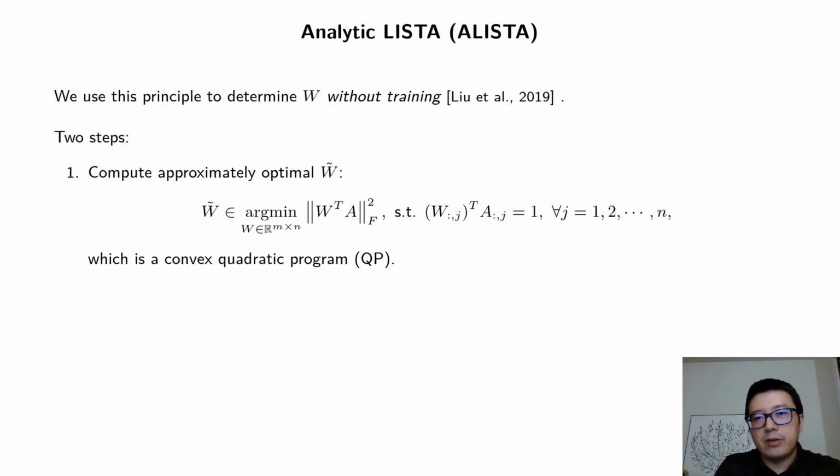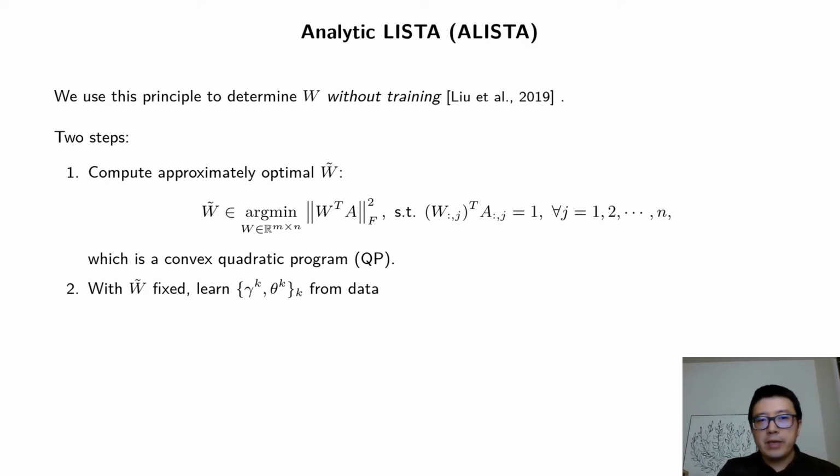This is the formulation we use for W. Instead of using the standard definition of mutual coherence, we just use the Frobenius norm, which gives us an easier convex quadratic problem. The solution can be written in closed form, which involves an inversion of the A transpose A matrix.